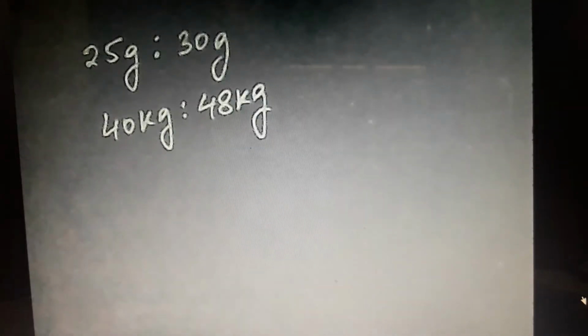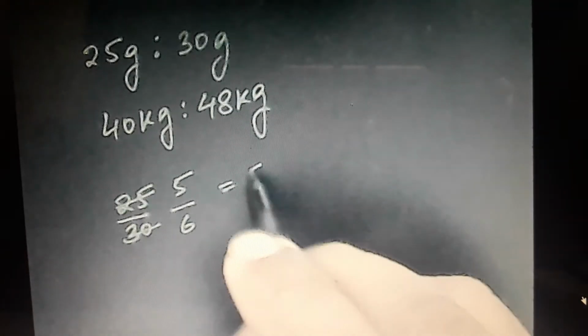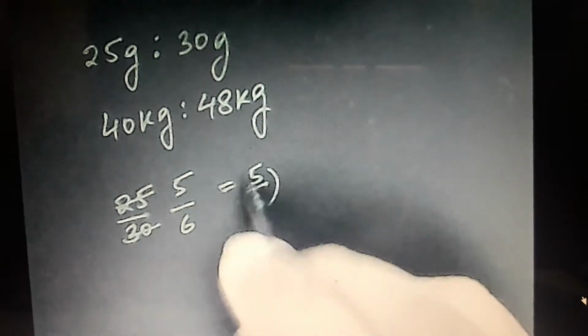You know very well that in case of ratios there is no meaning of units actually. So we can check the output of 25 upon 30. 5 fives are 25 and 5 sixes are 30. This is 5 upon 6.